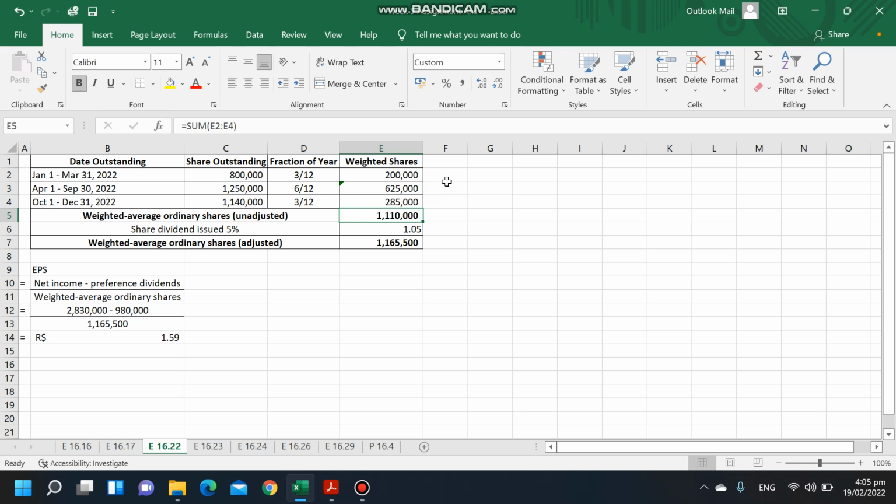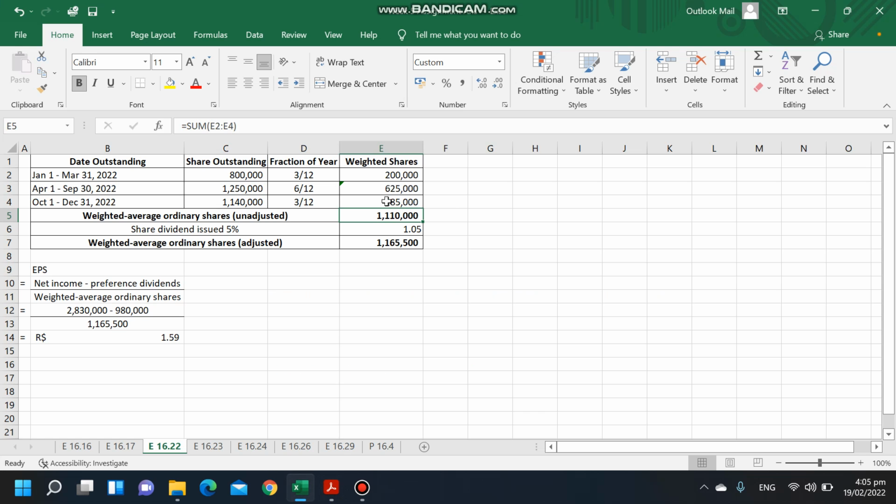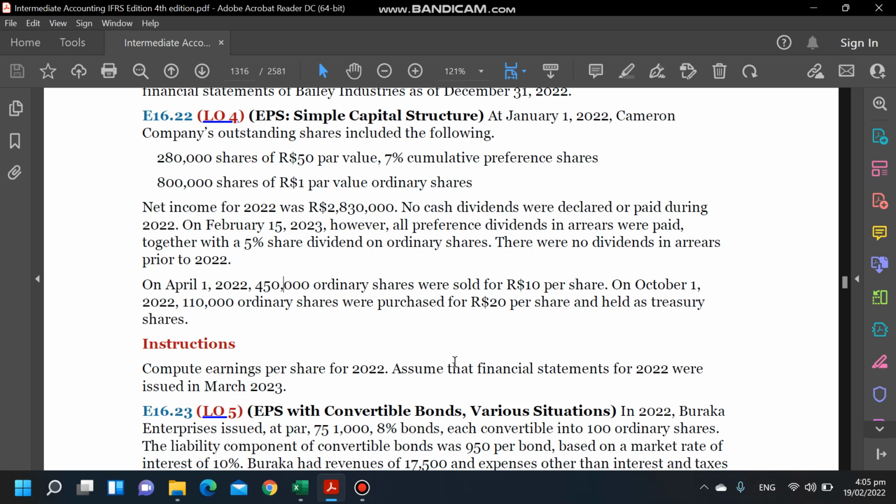If the financial statements were issued before the share dividend event, this amount would already be correct. But the financial statements are issued in March 2023, so it is already after the share dividend event.